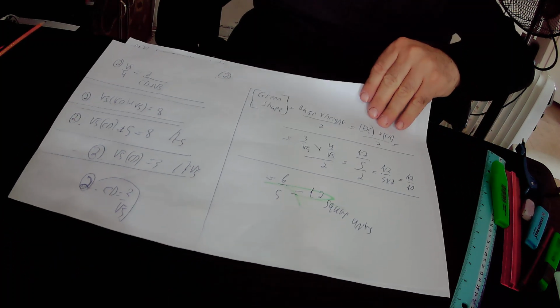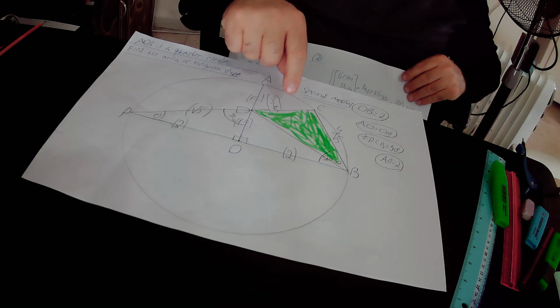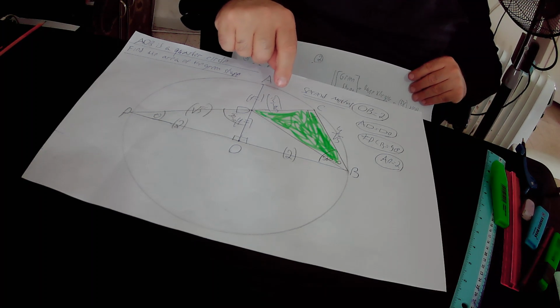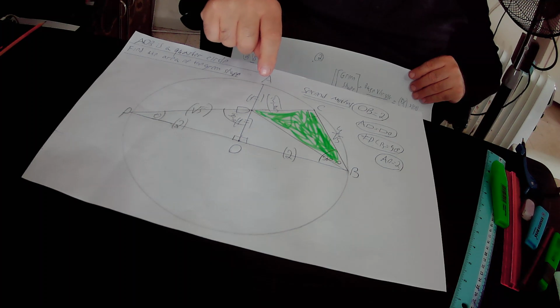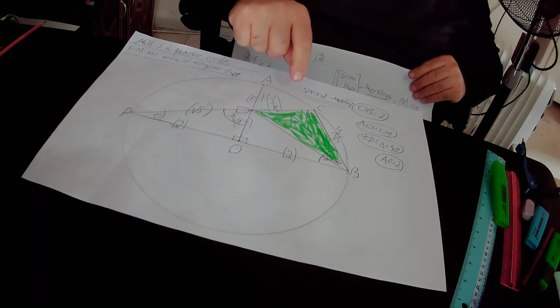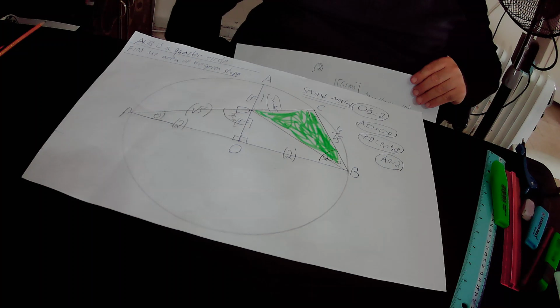In conclusion, the area of this green shape equals 6/5 square units, or in decimal terms, 1.2 square units. So in both methods, we found that the area of this green shape equals either 1.2 square units or 6/5 square units. Okay, thank you very much.